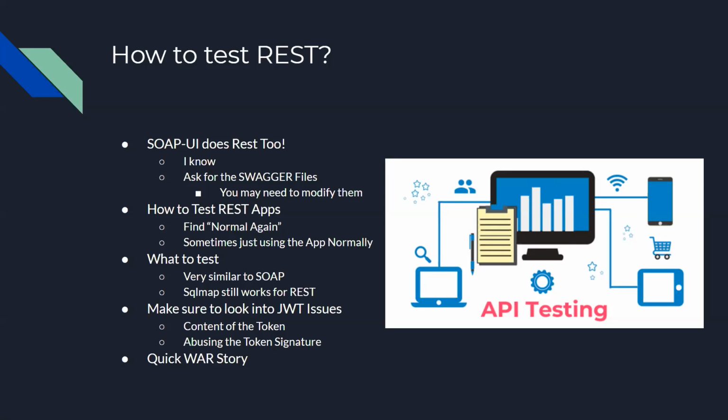Now, the war story here regarding REST APIs. I was working on this web application, and it was a storefront application where we were evaluating how the organization did the configuration for their payments, and the pricing and whatnot for all the products they were selling. It was a multi-storefront, multi-tenant environment, and what we found were the API calls that were used to set the pricing.